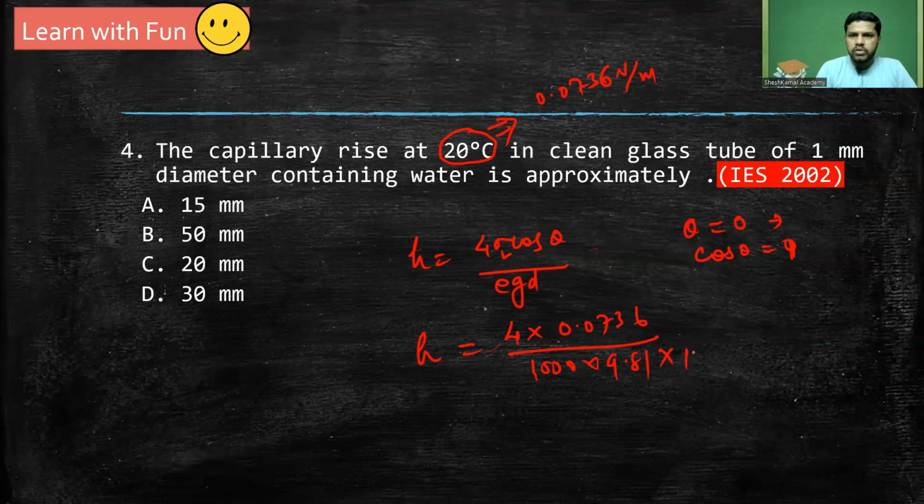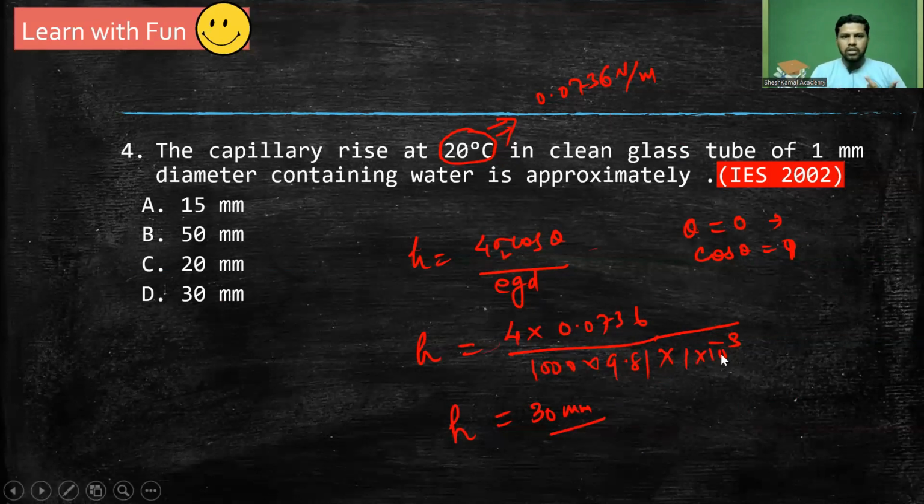Diameter of the tube is 1 mm, so 1 into 10 raised to power minus 3 meter. If you calculate this value, it comes out to be 30 mm. First you get it in meter, and you have to convert it into mm because all options are given in mm. So option D is the correct answer, 30 mm.